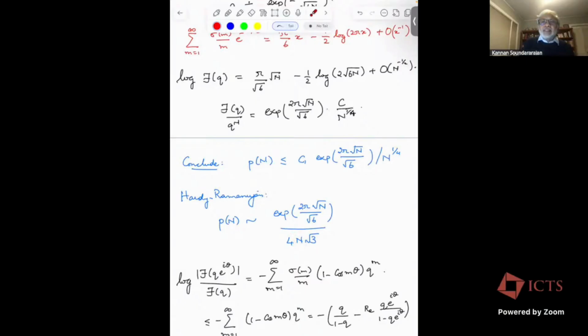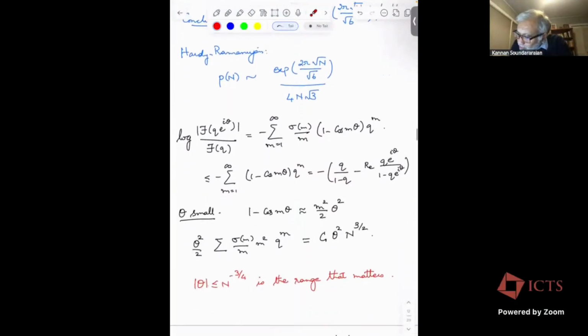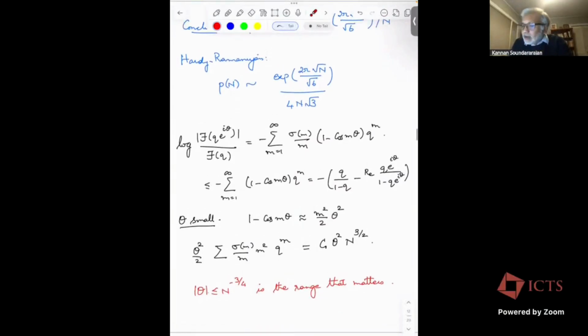So let me quickly say why you get an extra n to the 3/4 in the denominator coming in this asymptotic formula. And this has to do with looking at the Cauchy integral formula. I don't just have f of e to the i theta, I have f of q e to the i theta.